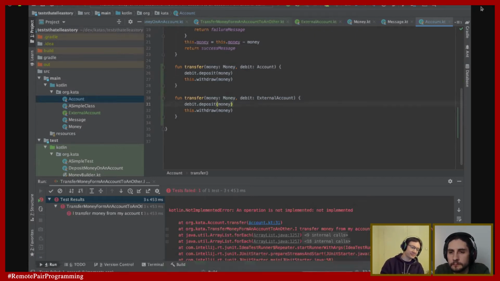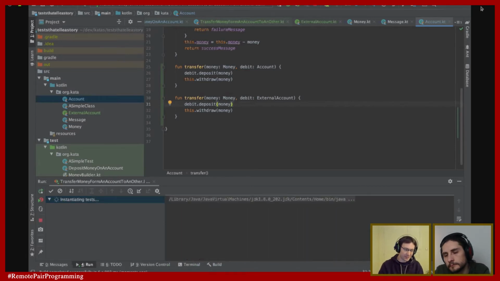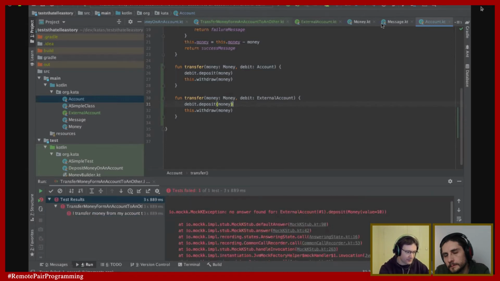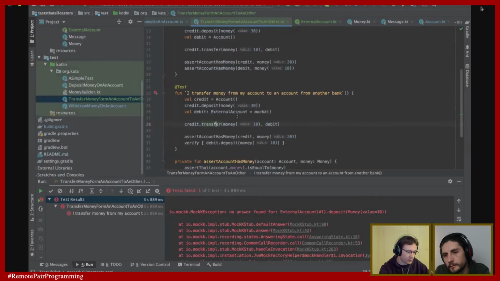And let's see if we can do better. Okay, yes. So the interesting thing with Mockey is that by default mocks are not relaxed.